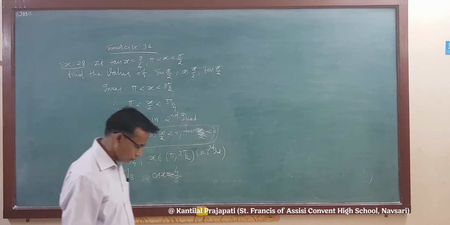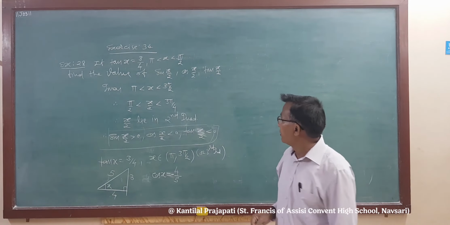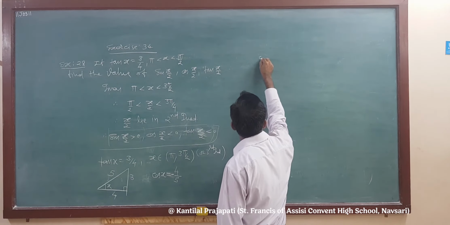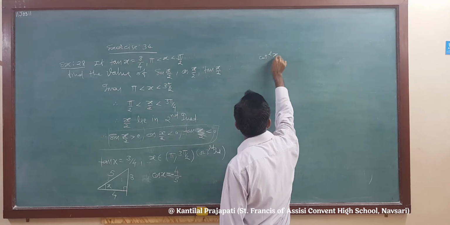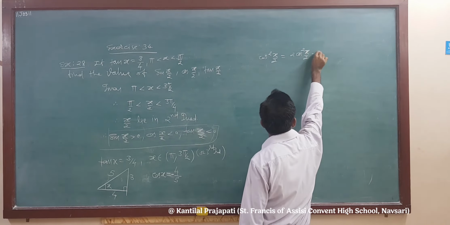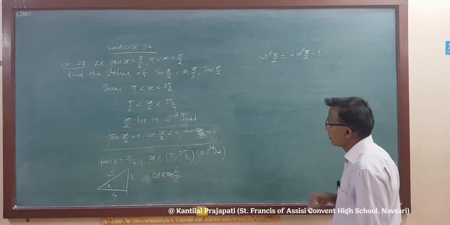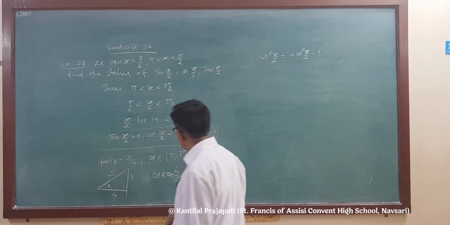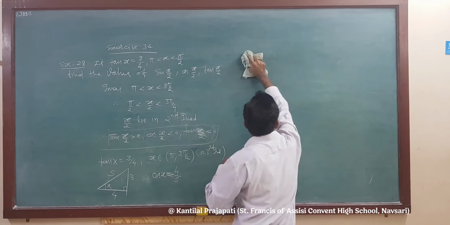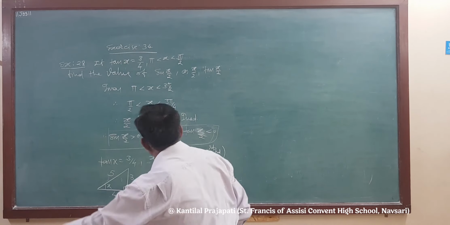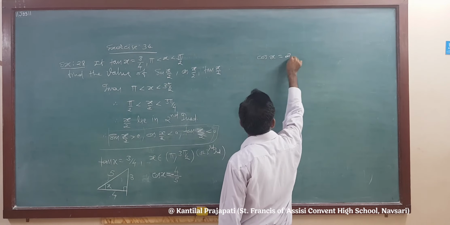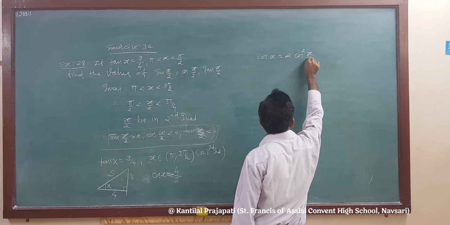Right. Now we have derived the identity: cos x is equal to 2 cos square x by 2 minus 1.